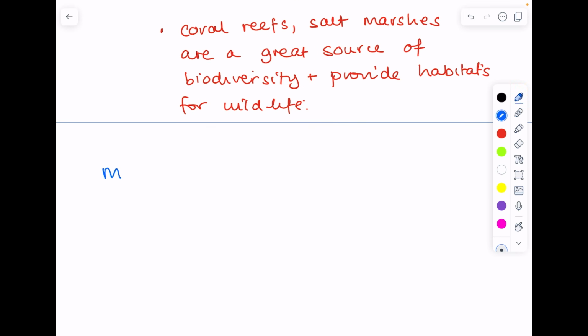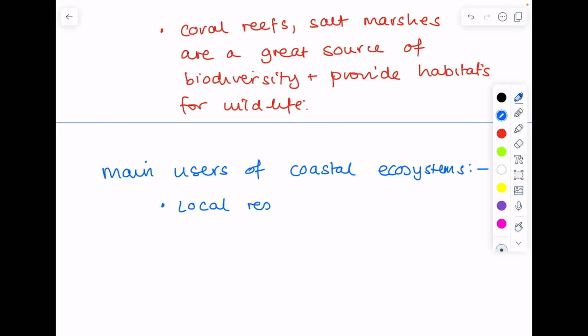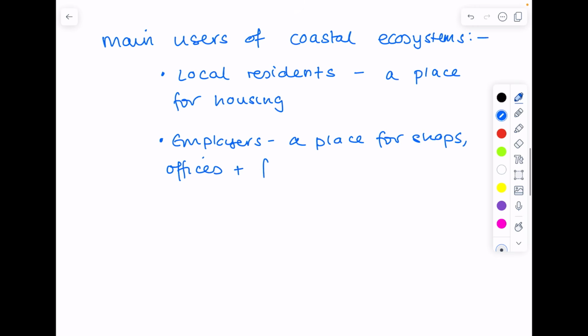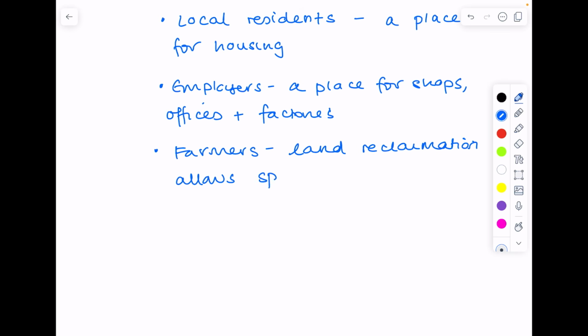Who are the main users of coastal ecosystems? Well, local residents who live there. Other users include employers, as we have places for shops, offices and factories. Places for farmers, if that land has been reclaimed, they can plant crops or keep their animals there.